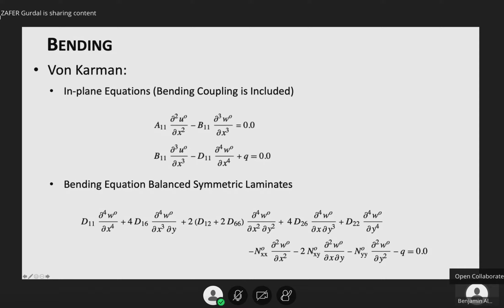Now, we'll see later on that there's a simpler problem where we'll just have out-of-plane loads without any in-plane load, in which case all of these terms, we're going to assume them to go to 0, where the bending equation will take the form that bending stiffness matrix D11, D12, D16, D26, and D22 is equal to Q, where we can assume the Q to be some sinusoidal form, in which case its bending expression can have actually closed form solutions from plate equations.